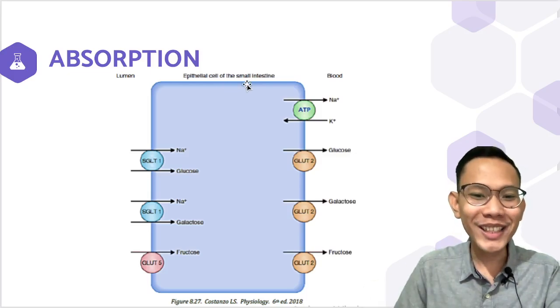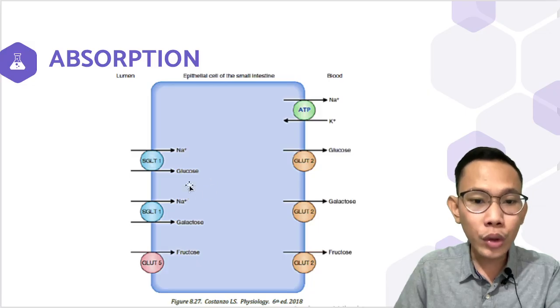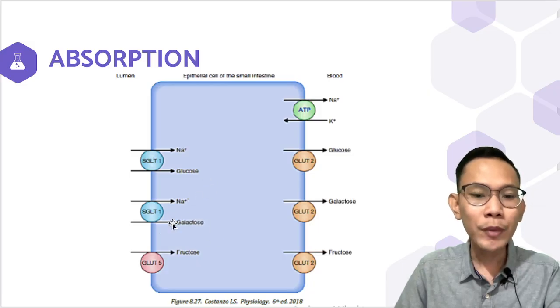Again, remember the two important transporter, your SGLT1 and your GLUT5. Kasi your SGLT1 will transfer your glucose and your galactose, while your GLUT5 will transfer your fructose towards or inside your epithelial cells.